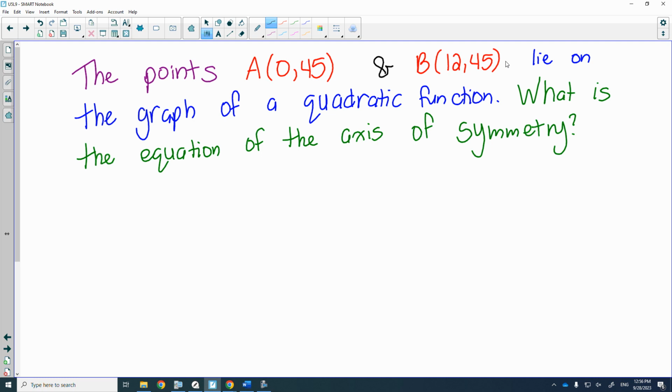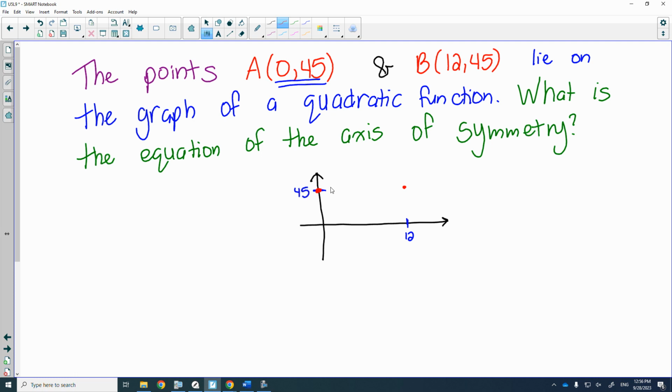So here's what I sort of want you to think of. If we were to do just a rough sketch of this, 0, 45 is a y-intercept. So I'm going to make this line 45. 0, 45 would be right here. Then 12, 45, let's put 12 over here, and 12, 45 would be on the same line.